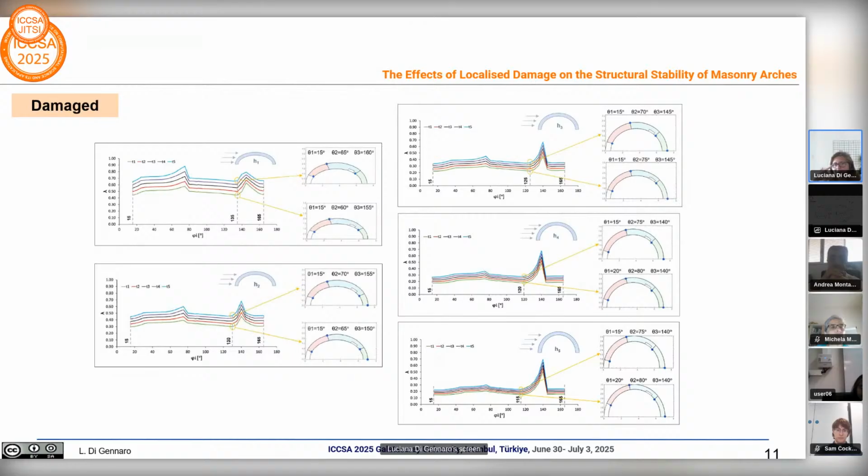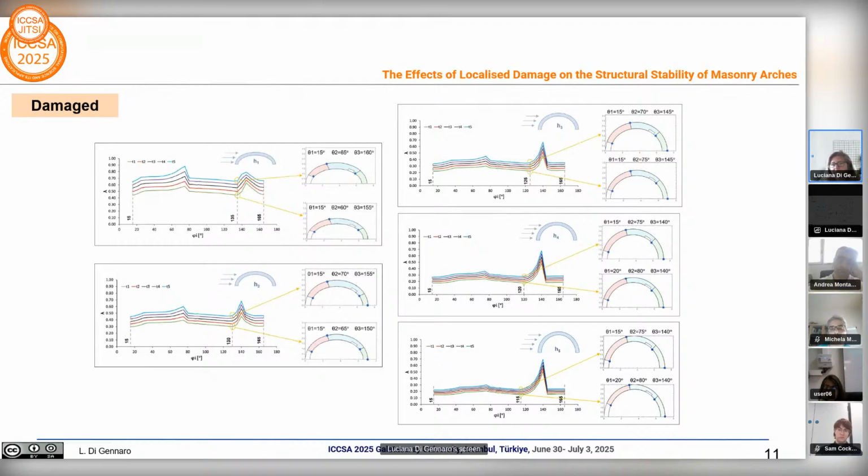Each graph corresponds to a specific rise. The analysis identifies, for each graph, three local minima of the collapse multiplier lambda. Two of these occur always at damage positions of 15 degrees and 175 degrees, corresponding to damage located at the springings, which are known zones of structural vulnerability.